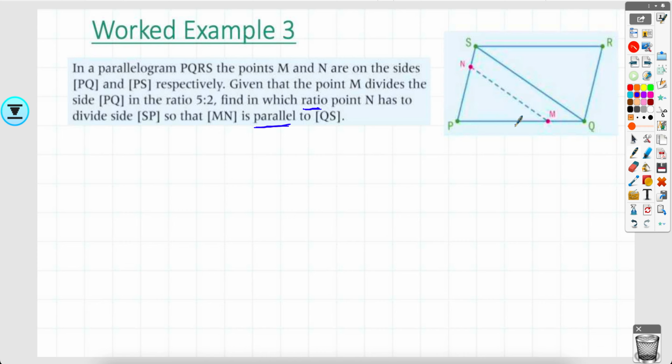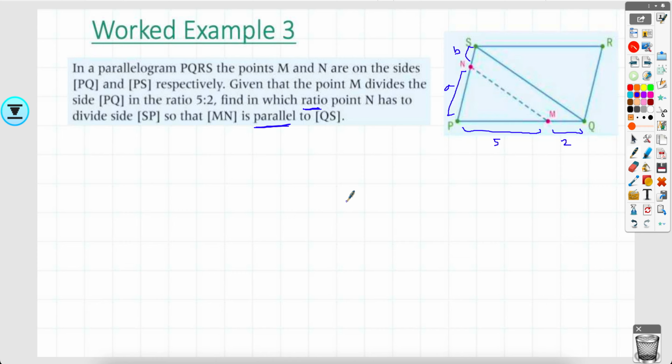We don't know what it splits into. We know that this splits into a 5 and a 2. We don't know what this splits into. We'll call it A and B here. So we're trying to find what ratio it has to divide S to P in order to make them parallel.